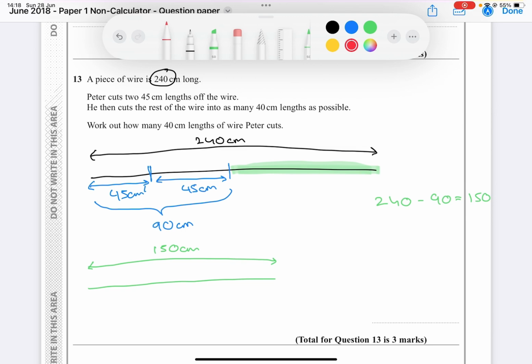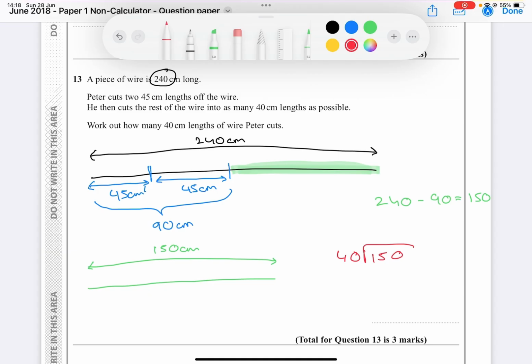We want to cut 150, so basically we want to divide 150 into 40 centimeter lengths, all right? So simply, we just do 150 divided by 40, simple bus stop method, okay?